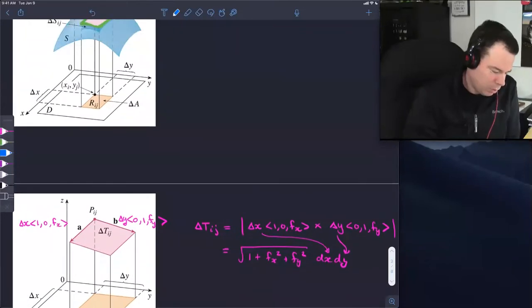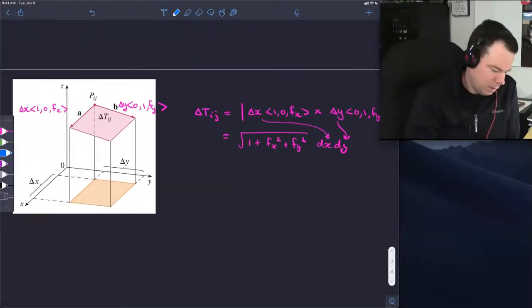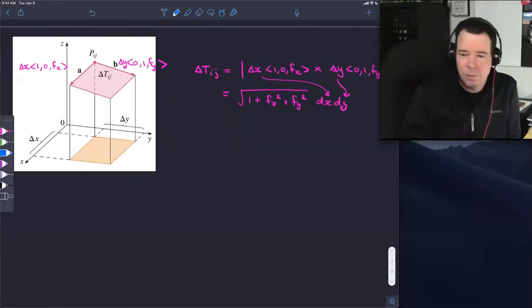We chop up our surface into a bunch of little bits. That's the first picture. Each of those little bits is curvy, but if we cut them up small enough, we can approximate them by straight things, in other words, the tangent planes. We can get two vectors that make up that little tangent plane patch, a little parallelogram patch. The two vectors that make up the two sides are given by the partial derivatives and the changes in x and y.